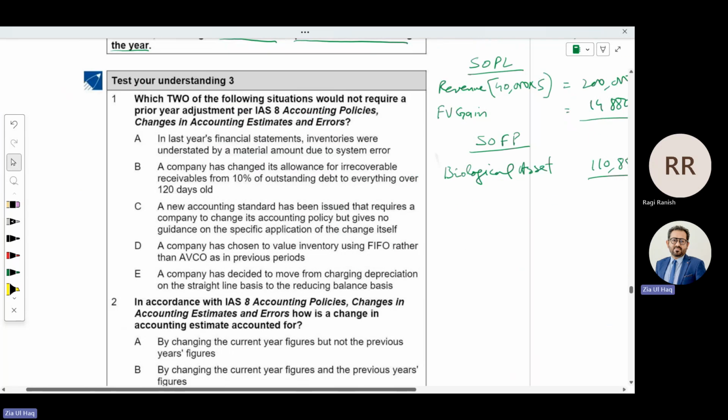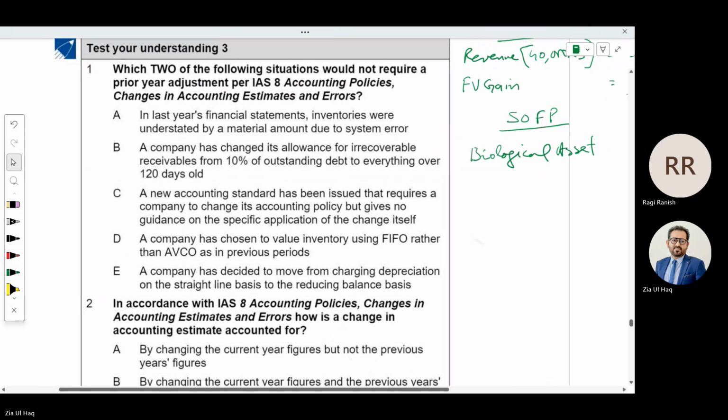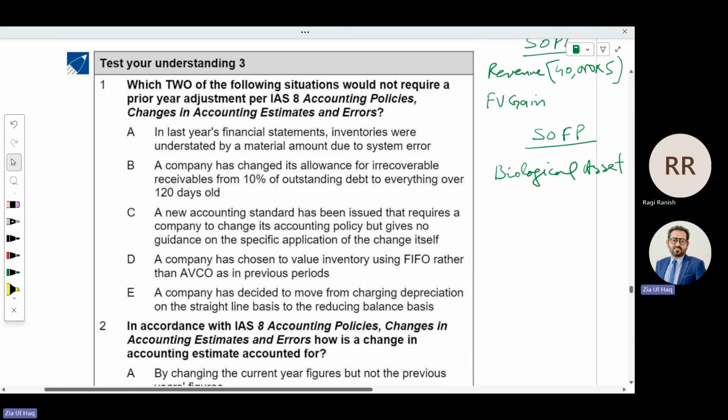Let's move forward. Test your understanding 3. Number 1, please give me 2 options. Which two of the following situations would not require a prior year adjustment per IAS 8? Accounting policy change, change in accounting estimate and error. Obviously, you need to find which is an accounting estimate change that doesn't require prior adjustment.